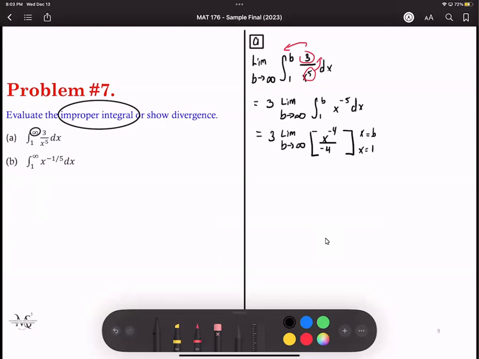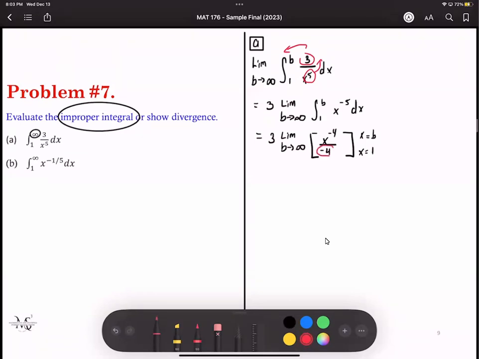Now, before I evaluate this antiderivative, I'm also going to pull this negative 4 out, and the x to the negative 4 from the numerator, I'm going to bring down into the denominator. Okay, so this will give us 3 over negative 4, or simply negative 3 over 4, times the limit as b approaches infinity of 1 over x to the fourth, from x equals 1 to x equals b.